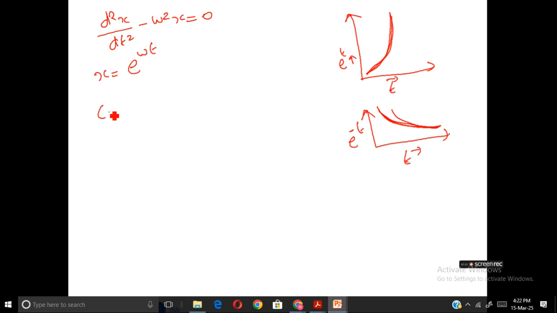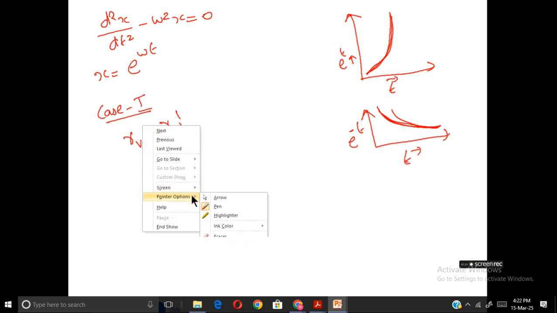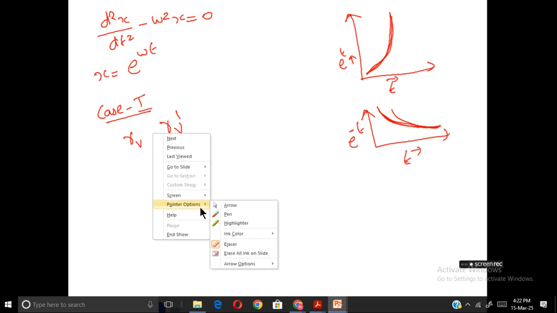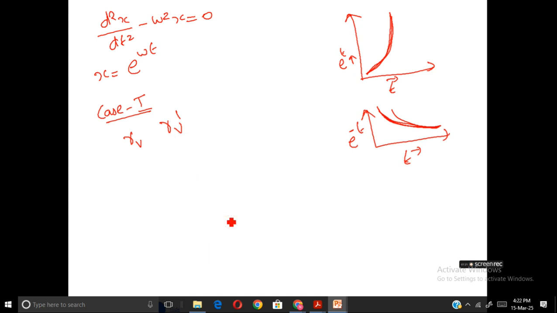So in the first case, gamma V, which is the environmental lapse rate, was greater than gamma V dash, the atmosphere is stable.